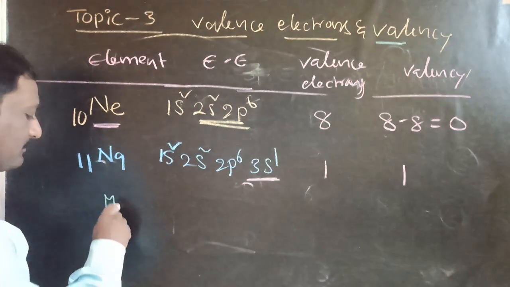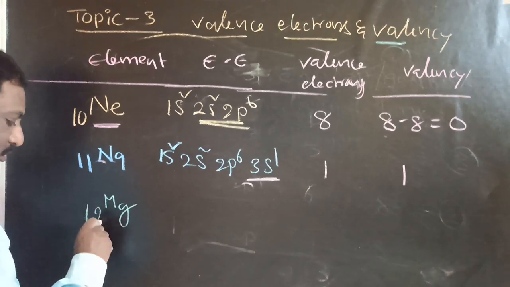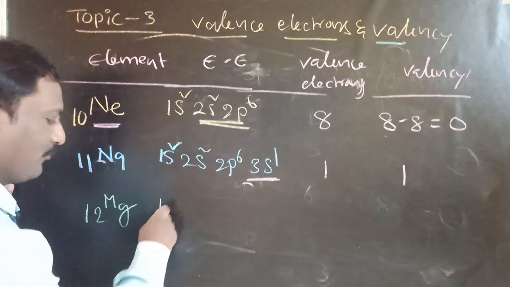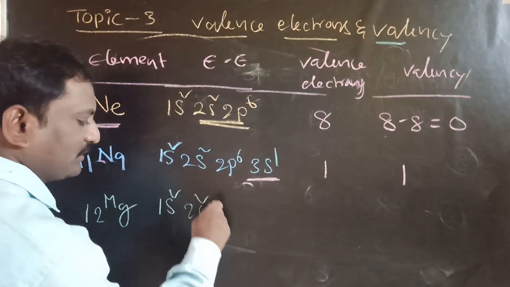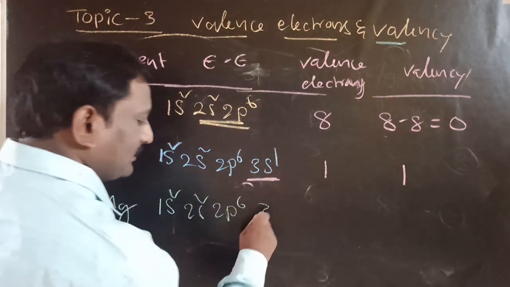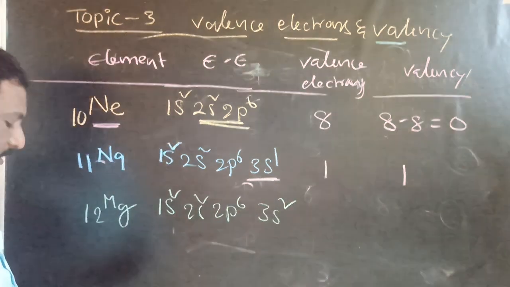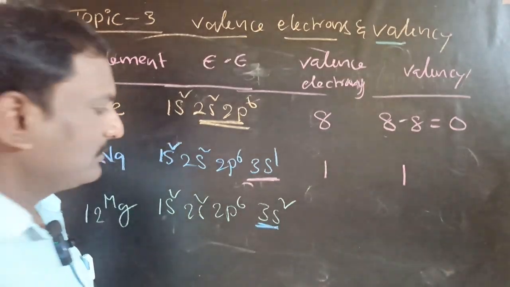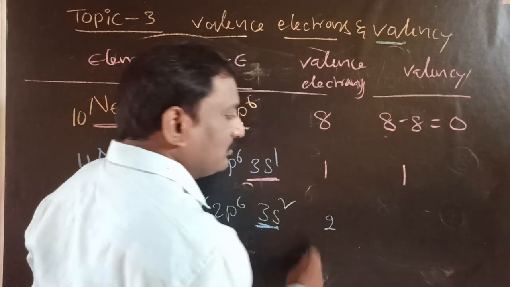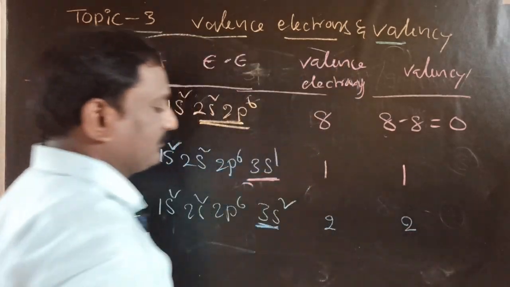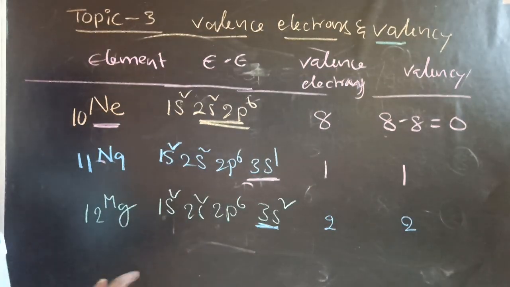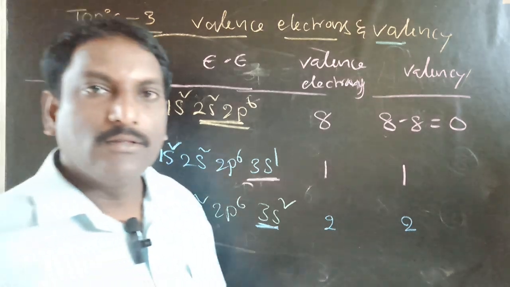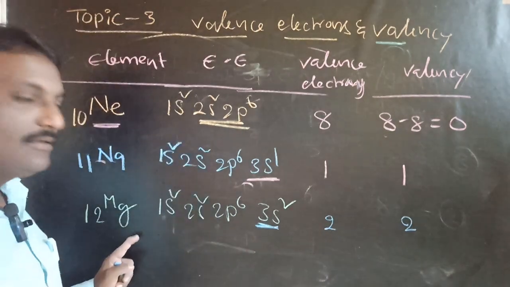Next one, magnesium 12, 1s2, 2s2, 2p6, 3s2. The third shell will be the valence shell. Number of valence electrons 2, the valency also 2. Okay, copy. So now let us move on to the next one, aluminum.